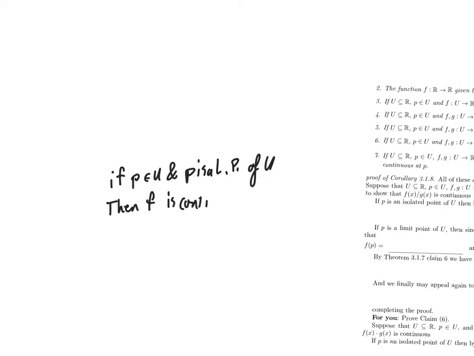I know that if P is in U and P is a limit point of U, then F is continuous at P if and only if the limit as x approaches P of f of x is equal to f of P.